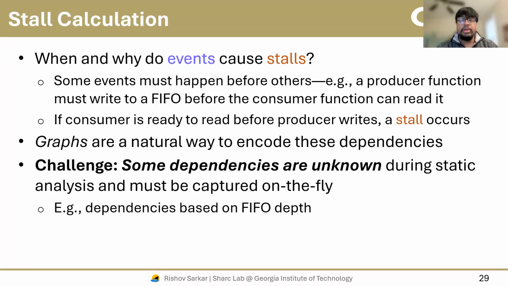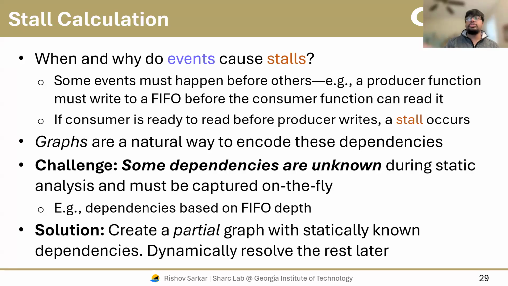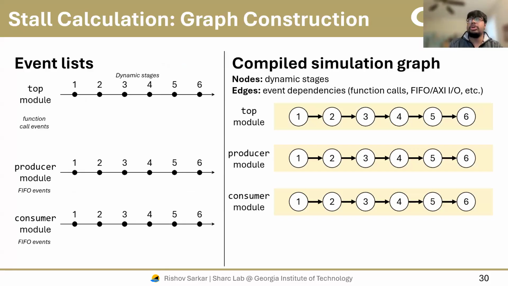Within LightningSim, which we'll talk about later, if you change the FIFO depth, then we can do an incremental resimulation, but only because the start node and the end node of certain edges change. So we can't just encode that into the graph as a fixed edge. We need some way to express that this dependency is unknown. So what we do is create a partial graph with the statically known dependencies, and we dynamically resolve the rest later. Here's an example of this graph construction.